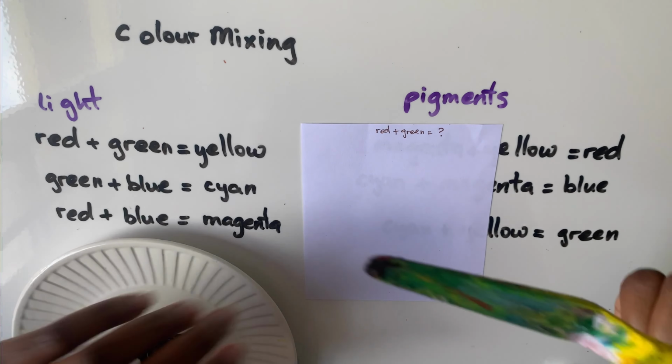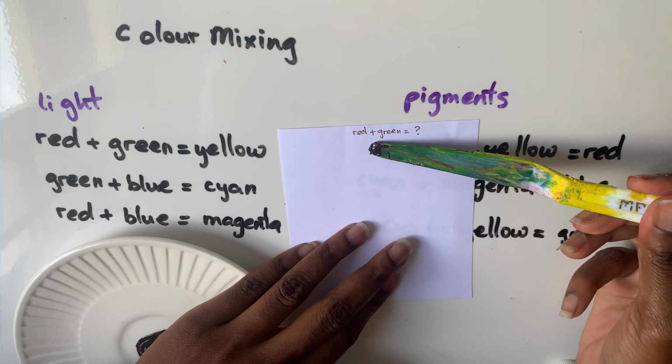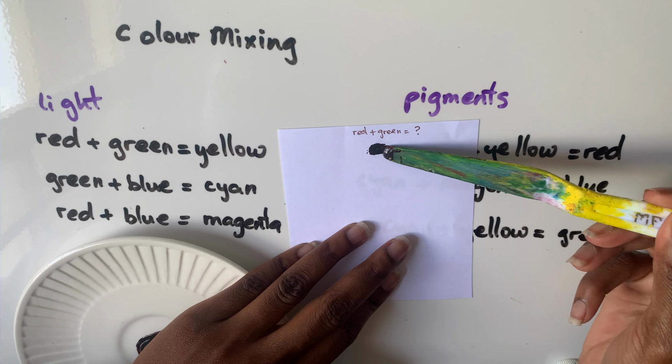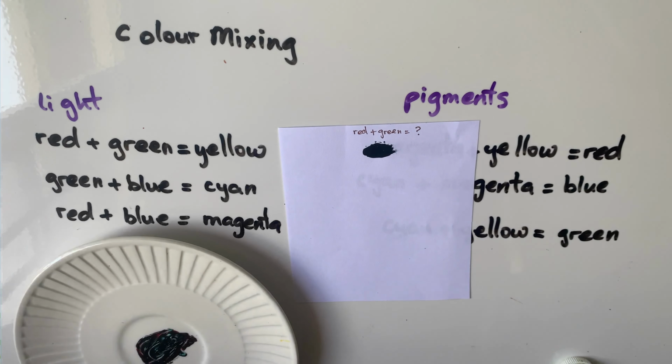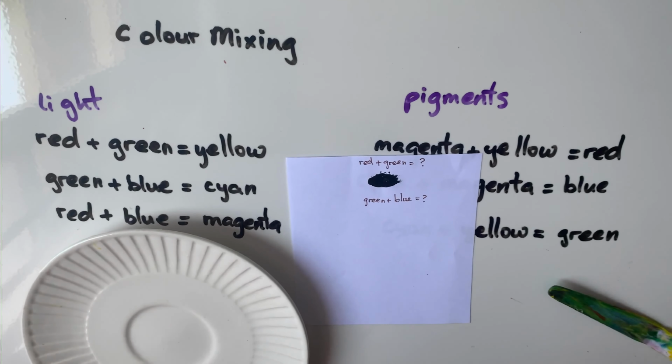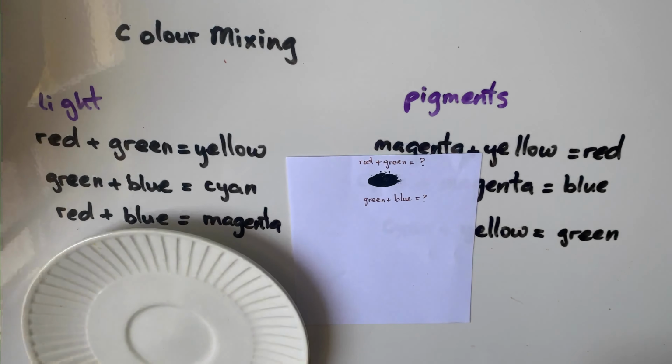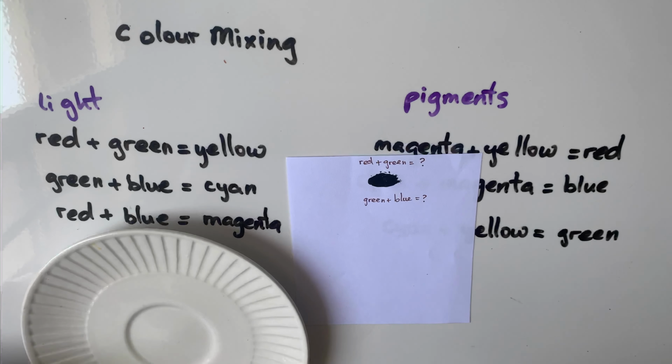So I'm just going to put this here. This is what you get when you mix red and green. You don't get yellow. So now we're going to try mixing the green and the blue and see if we get cyan. So we have the ultramarine blue.